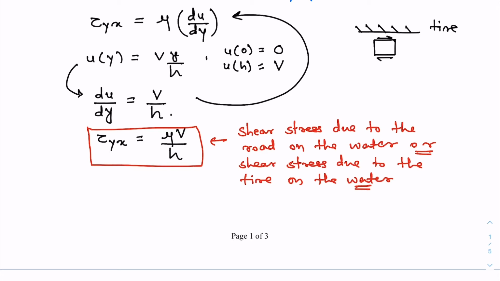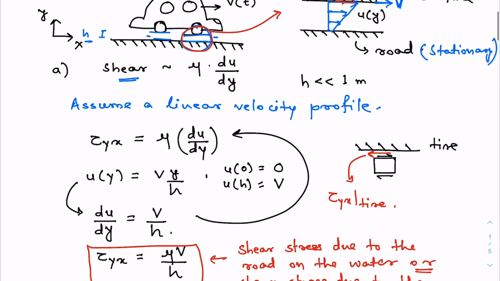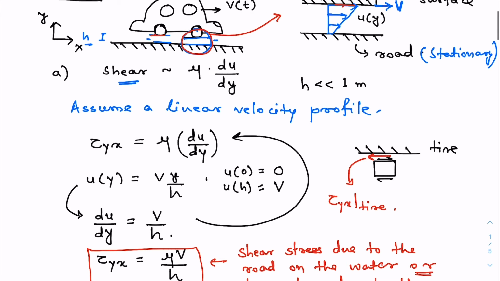So the shear stress acting on the tire due to the fluid, which is water in this case, will be in the opposite direction like this, and this is the tau yx on the tire due to the fluid. So this stress is acting in the opposite direction on the tire.